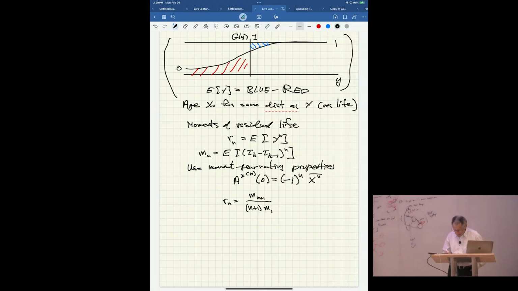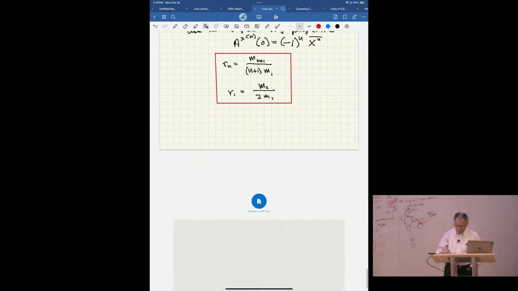And in particular, the first moment of residual life is therefore m sub 2 over twice m sub 1. Both of those are of importance to us, especially this last one. So let me put that in circles as well. We get that by differentiating the density's transform. Okay.